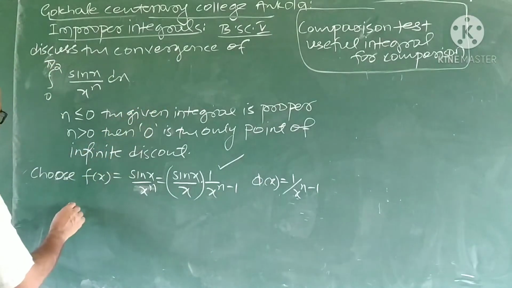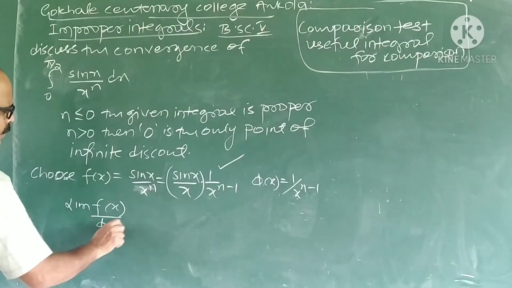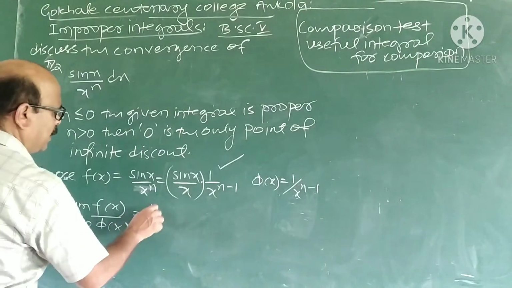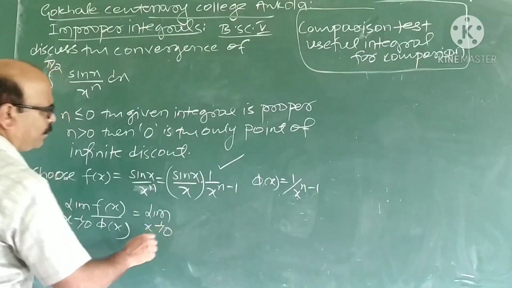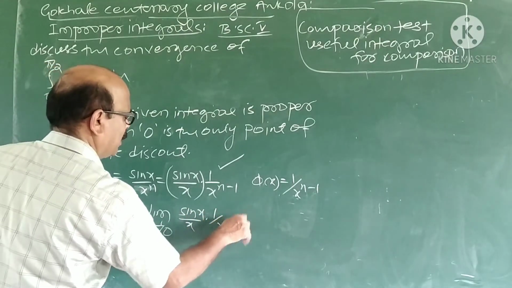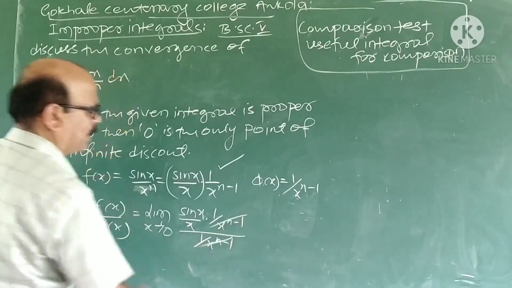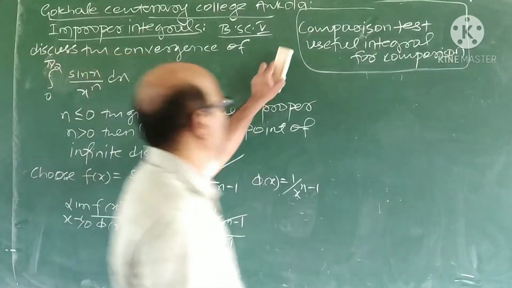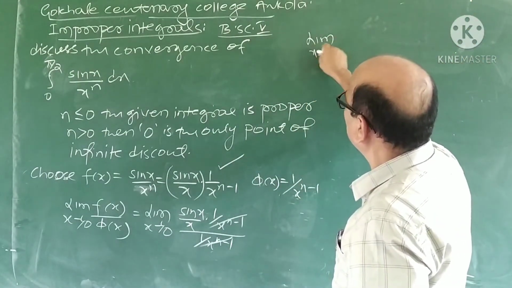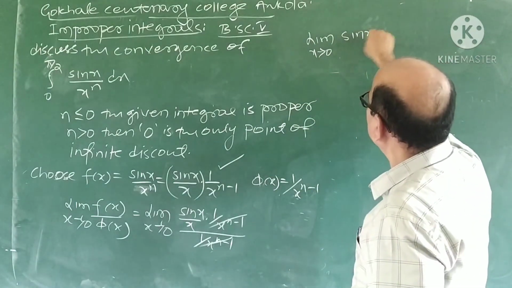How to apply that comparison test? You have to consider the limit of f(x) by phi(x) as x tends to 0. 0 is the point of discontinuity. It is therefore the limit as x tends to 0 of sin x by x times 1 upon x raised to n minus 1, divided by 1 by x raised to n minus 1, that is f(x) by phi(x). Now it is the limit as x tends to 0 of sin x by x.